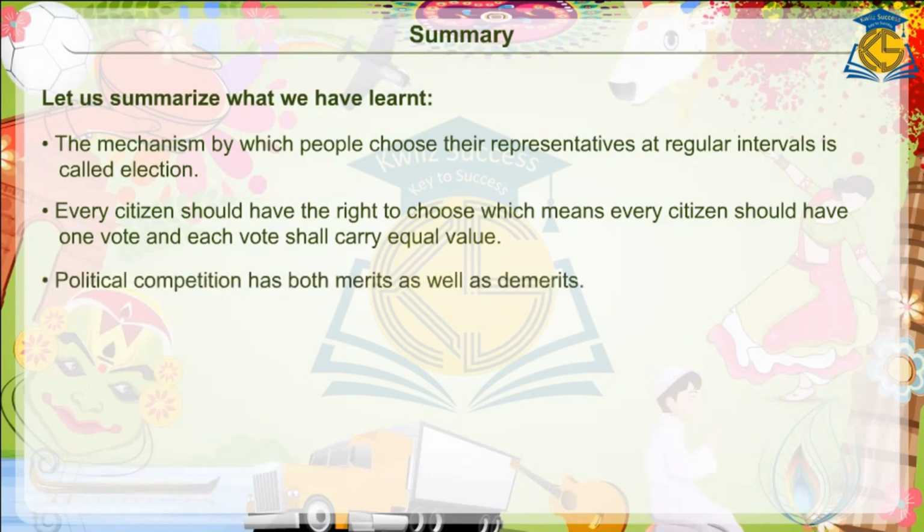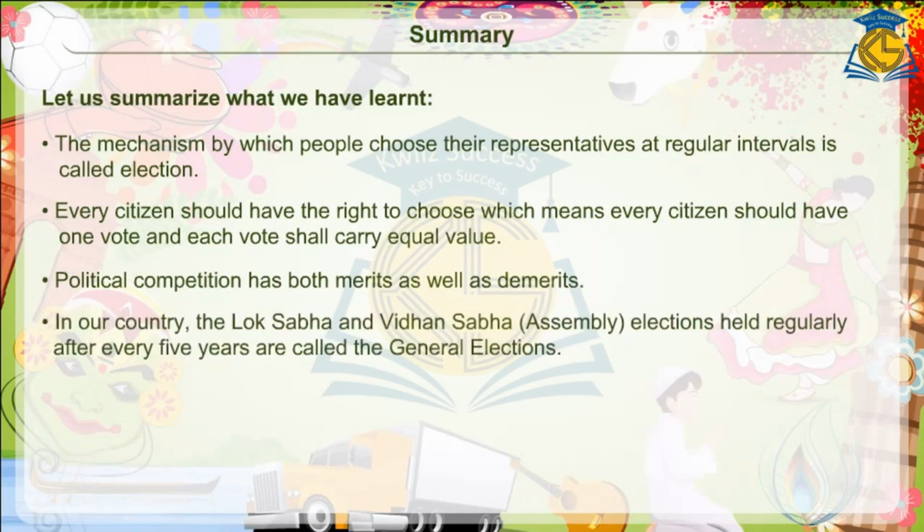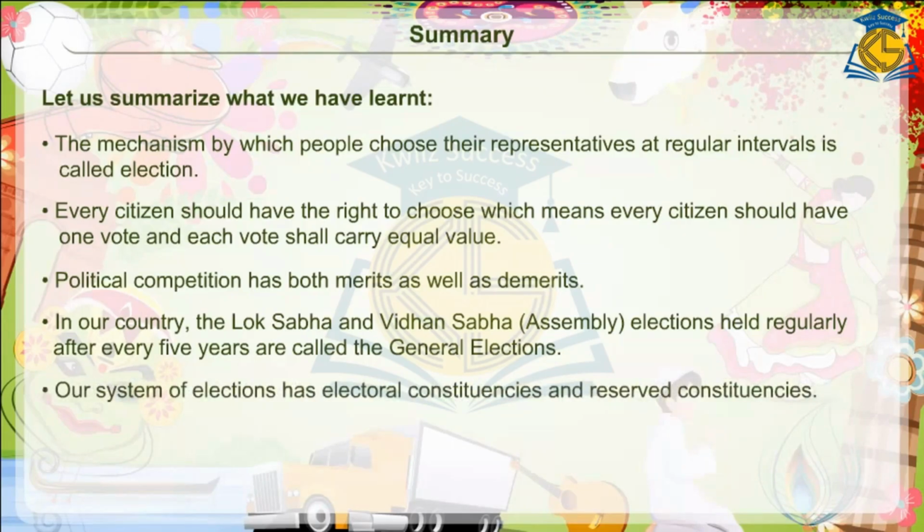Political competition has both merits as well as demerits. In our country, the Lok Sabha and Vidhan Sabha assembly elections held regularly after every 5 years are called the general elections. Our system of elections has electoral constituencies and reserved constituencies.